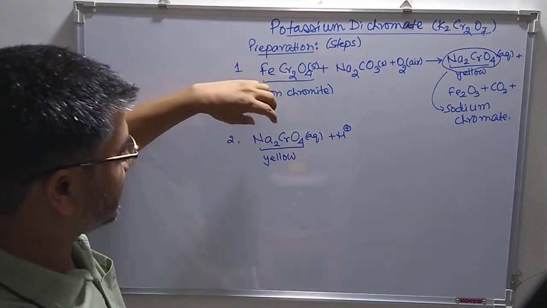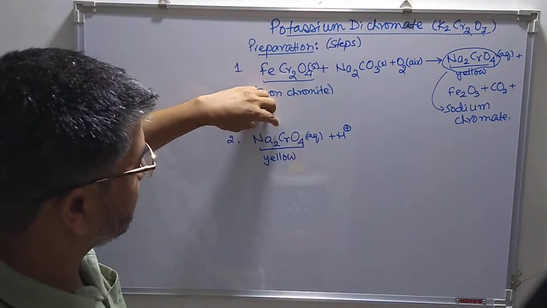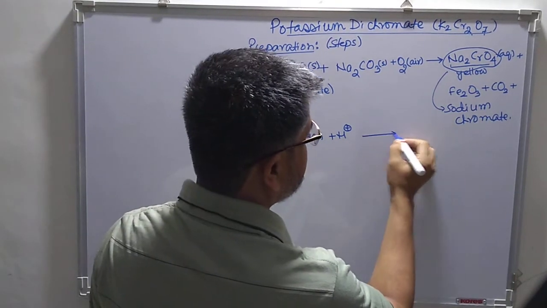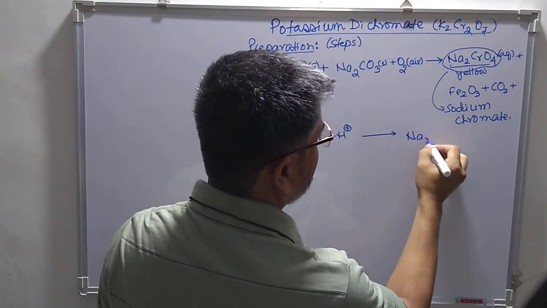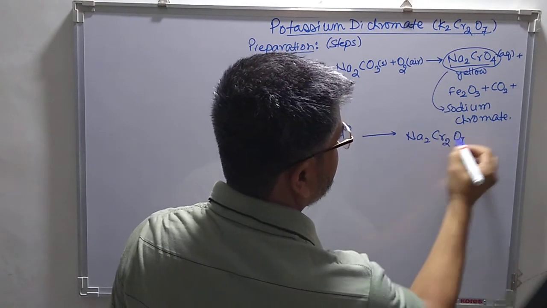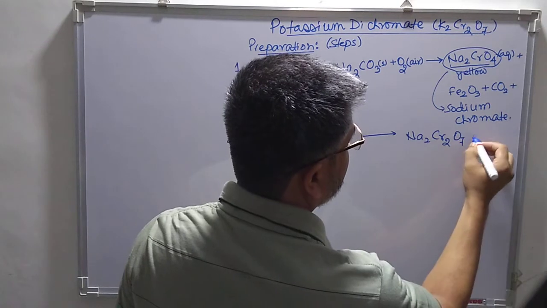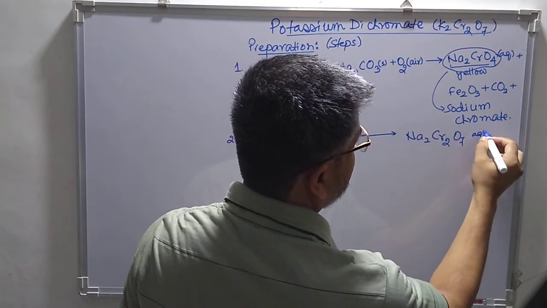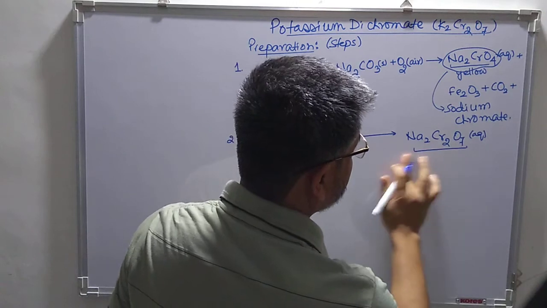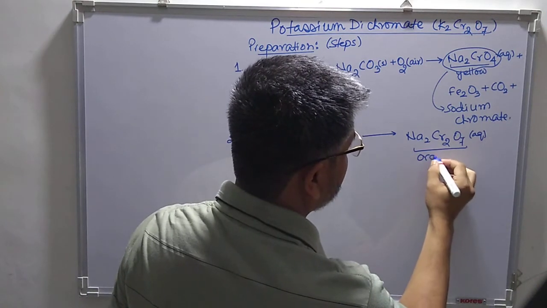On acidification of this yellow color sodium chromate, this changes to sodium dichromate, which is orange color.